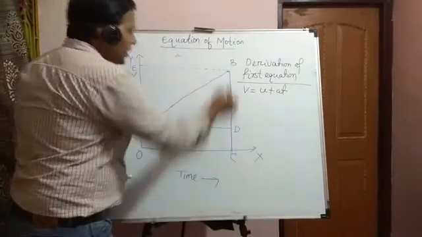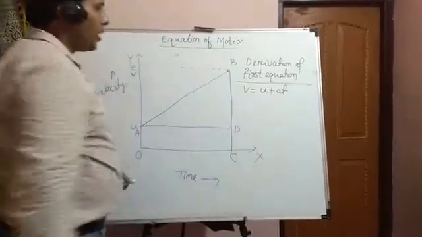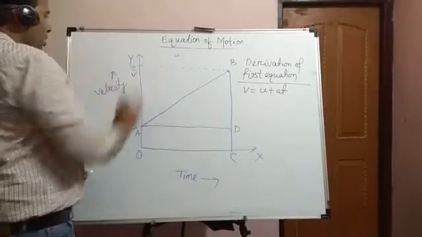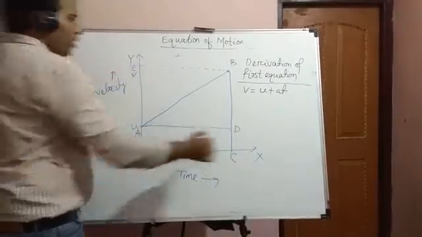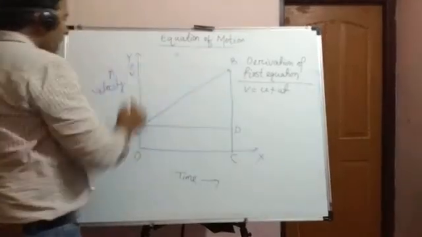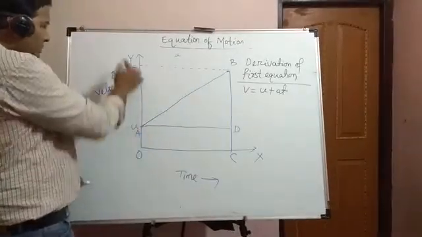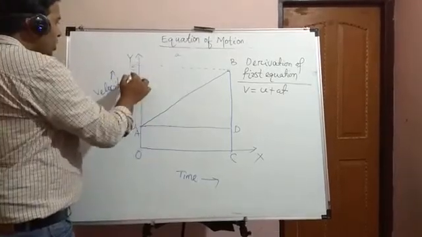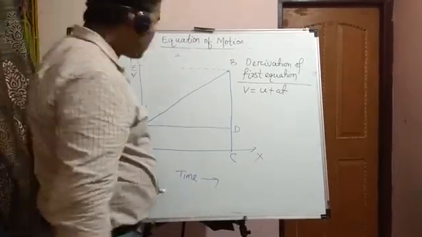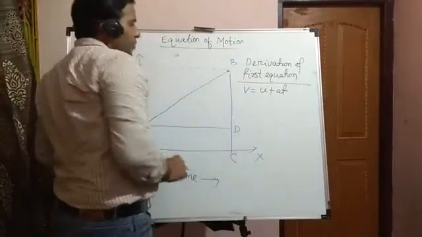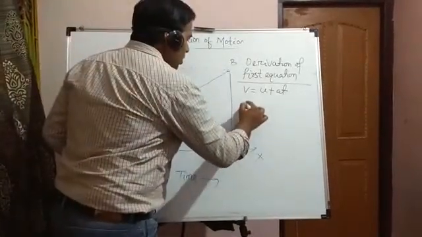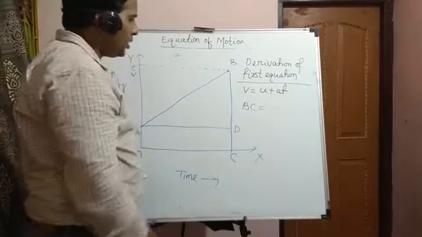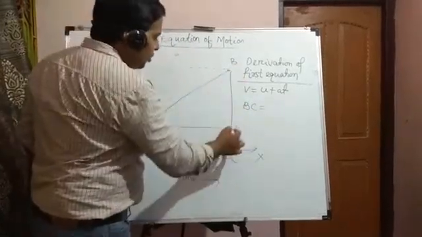This line BC is equal to OE, and it is v, as it is the velocity line. So here OE is the final velocity v. We will start from here. Listen, BC. We will derive: BC is equal to BD plus CD.